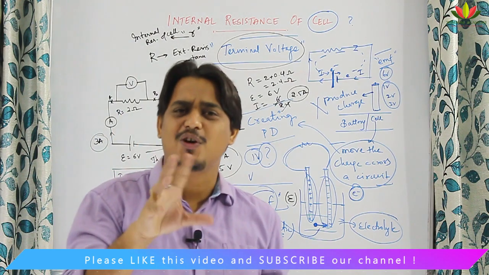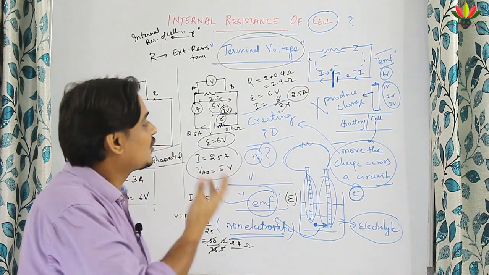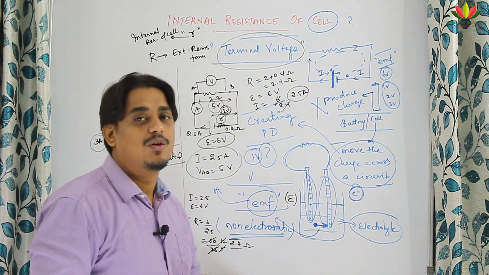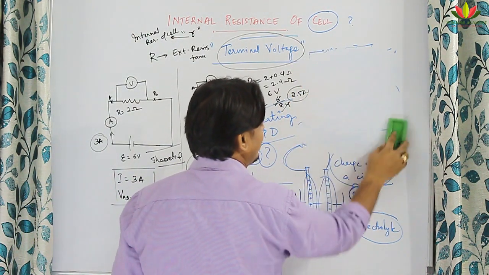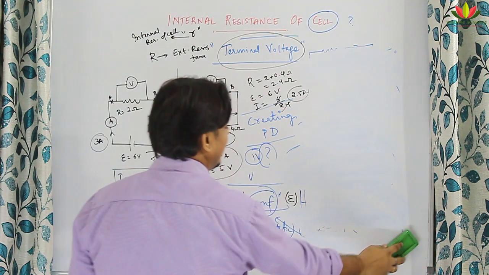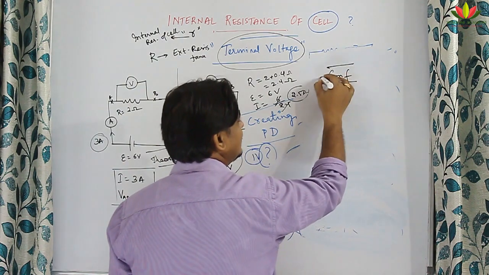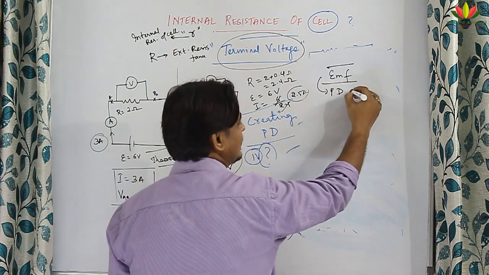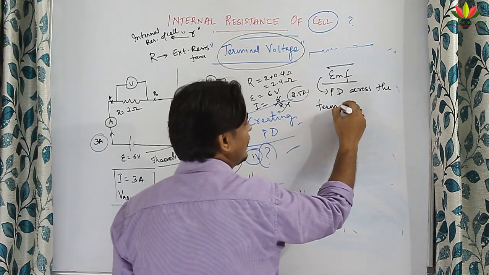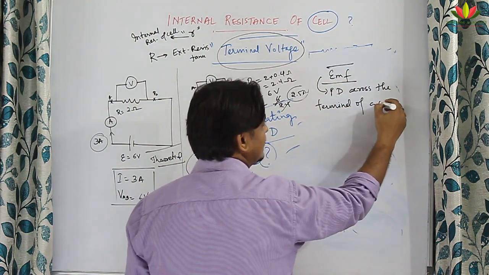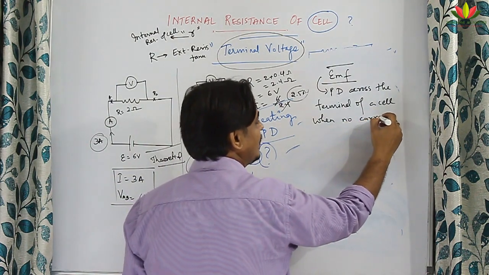So, now I think you would have got some clarity over terminal voltage and electromotive force. If you want me to define what is terminal voltage and what is electromotive force, I think I can define it in a better way now. I will say that this electromotive force or EMF is the potential difference across the terminal of a cell when no current is drawn from it.